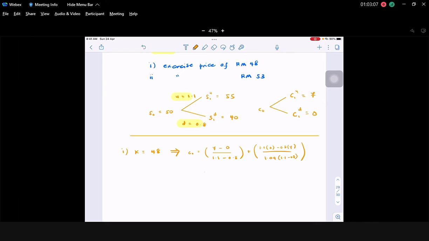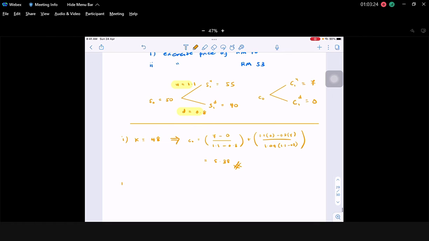Kan, so awak akan dapat 5.38 dekat sini, call price. Betul ke? Betul. Okay, so just straightforward. Dan untuk case yang kedua dapat berapa? For K equal to 53.